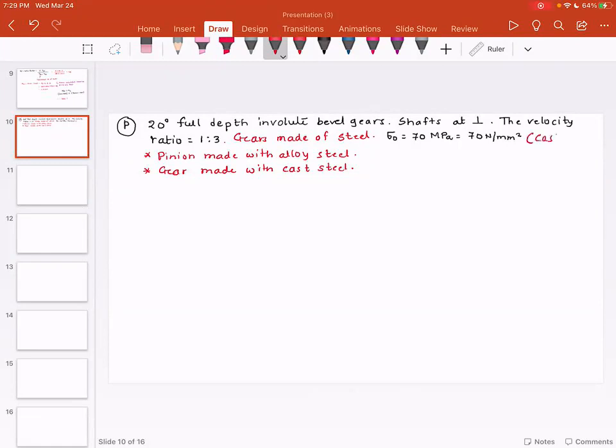And for alloy steel, sigma O is equal to 100 megapascals. This is for alloy steel.